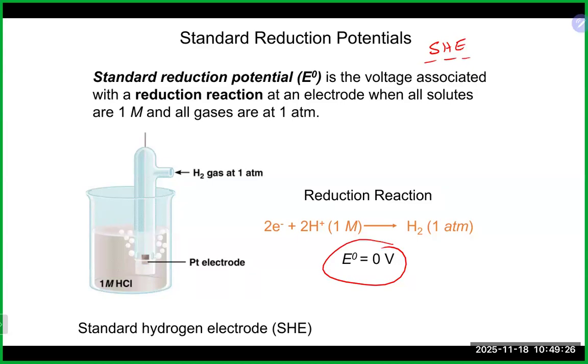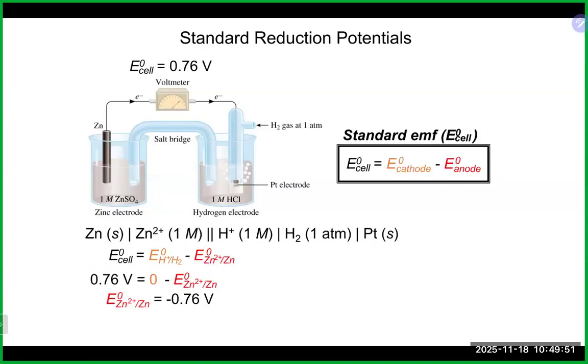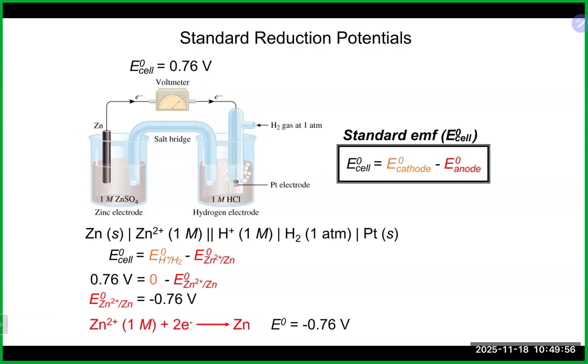Basically what they did is hook everybody else up to it and measure the voltage, and they were able to figure out the standard reduction potential for all the other elements and half reactions that are going on. So the standard that is used here for SRP is that standard hydrogen electrode. Like in this example here, if they take that standard hydrogen electrode and hook it up with zinc, in this arrangement our zinc is going to be our anode, and our hydrogen electrode will be our cathode.